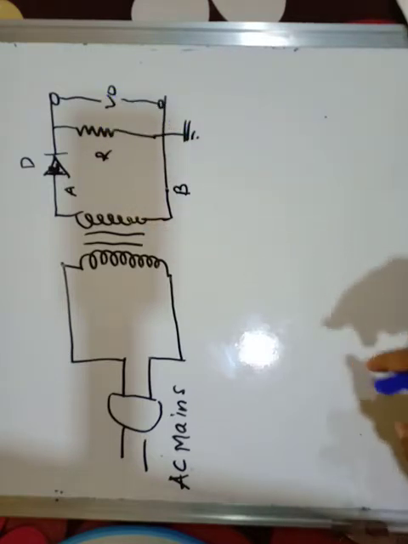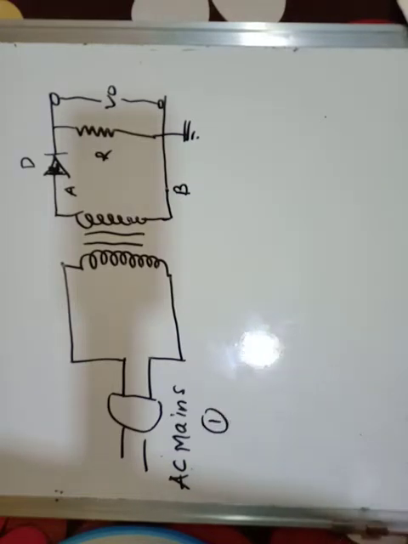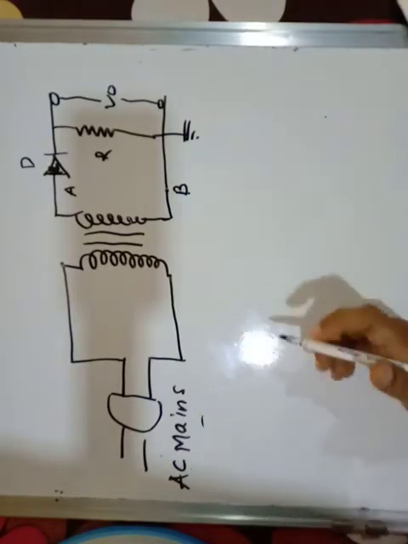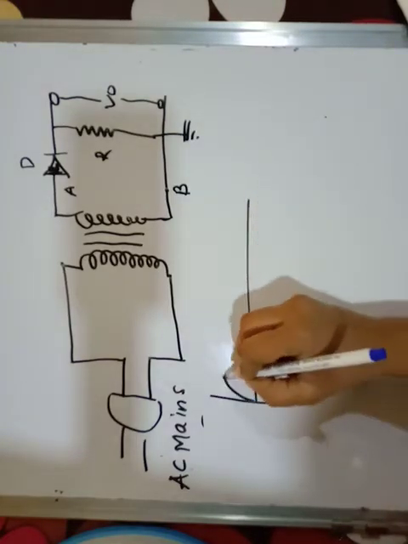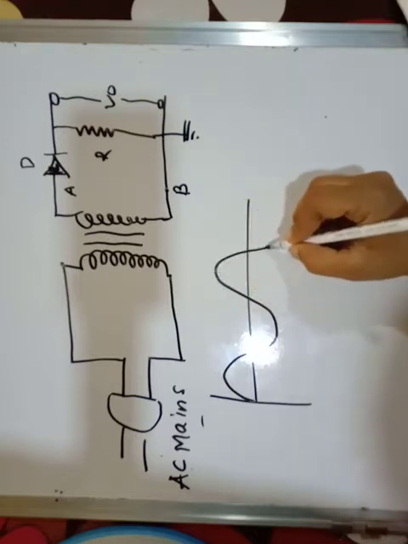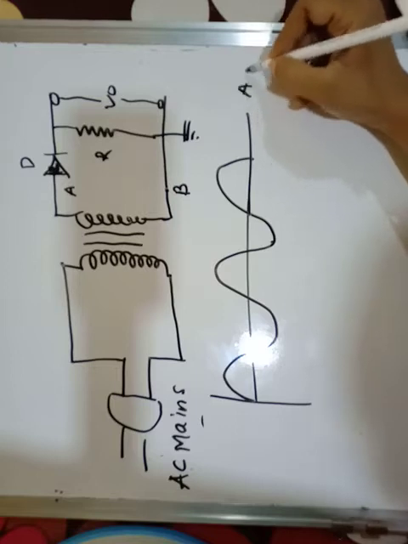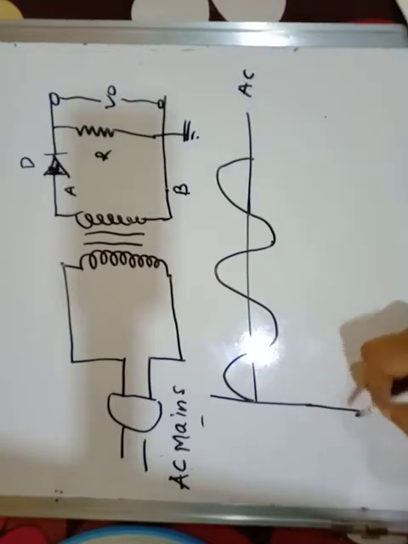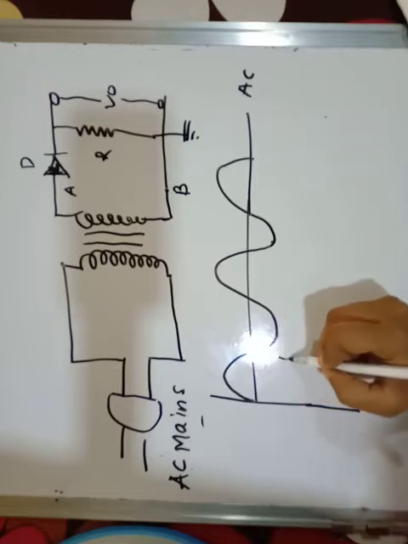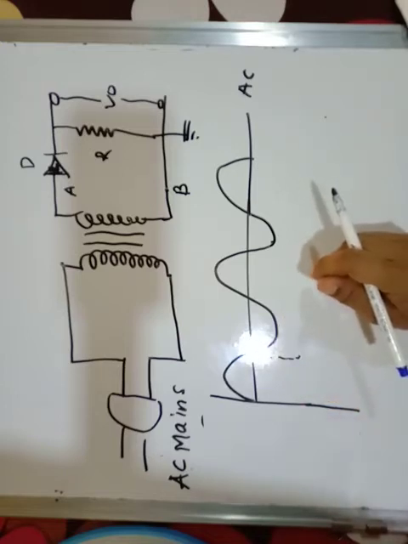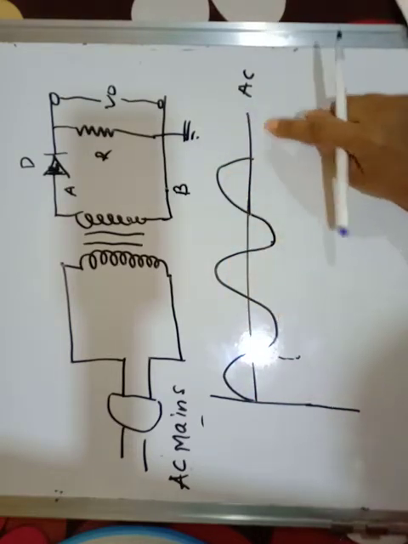Now we will see the working. Here we have the waveforms. In the first half cycle, this is the positive half cycle and below it is the negative half cycle.